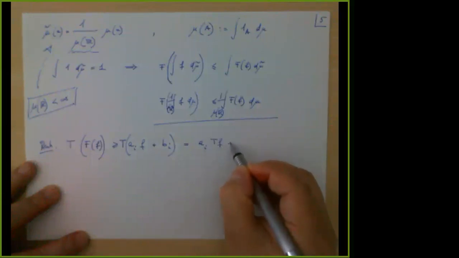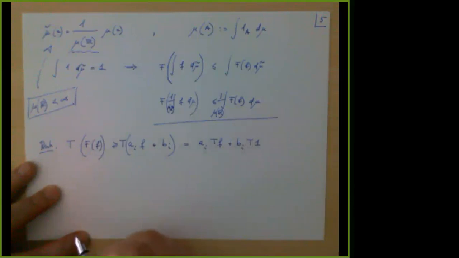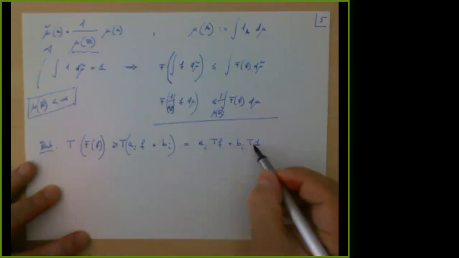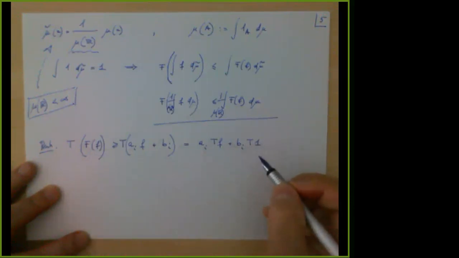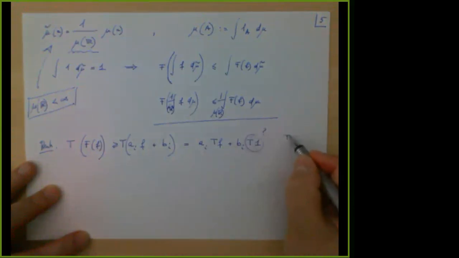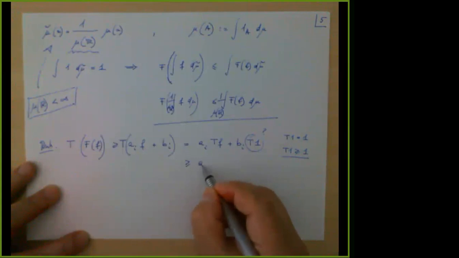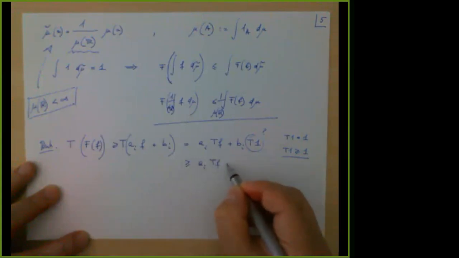So we write a_i T f plus b_i, but here we need T1, the operation T applied to the constant function 1. If we make the assumption that T1 is equal to 1, or in fact all we need is that T1 is larger or equal than 1, this would already be okay. So we would have that this is a_i T f plus b_i.